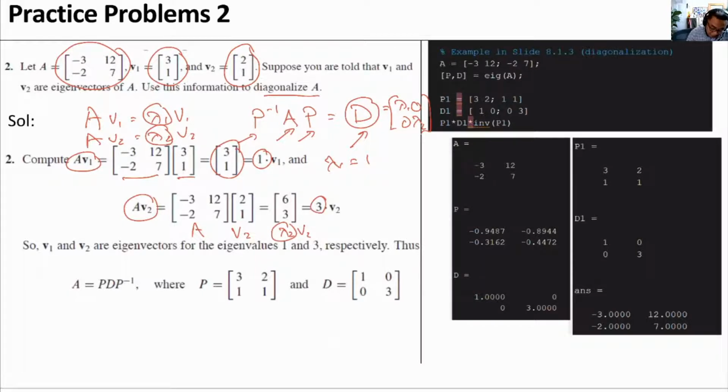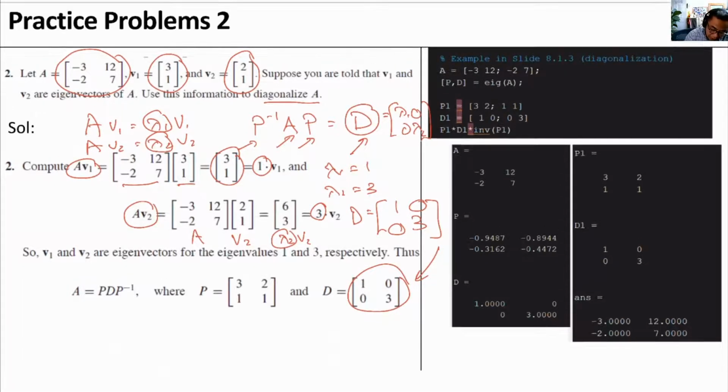Now we can simply form the matrix D equals 1, 3, and 0 everywhere else. Okay, so this trick bypassed the computation of P. This is simple. We can actually do it both ways, but this way is easier.